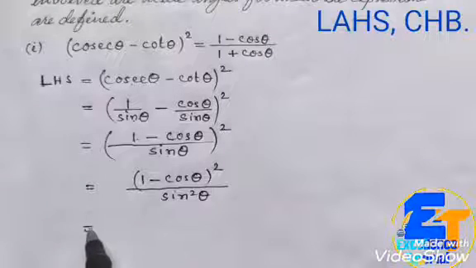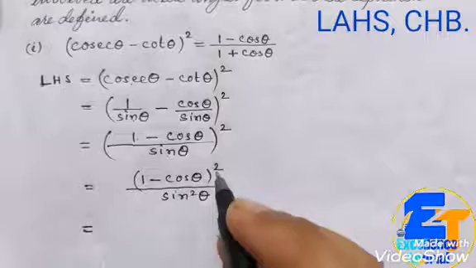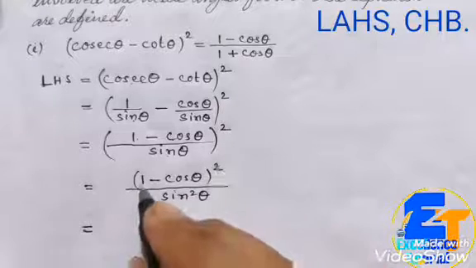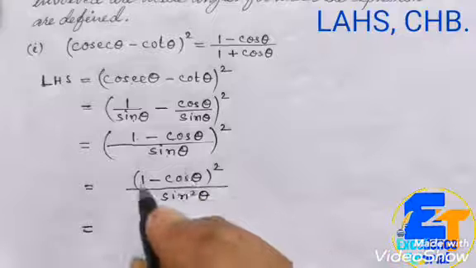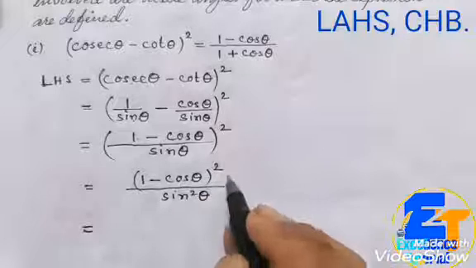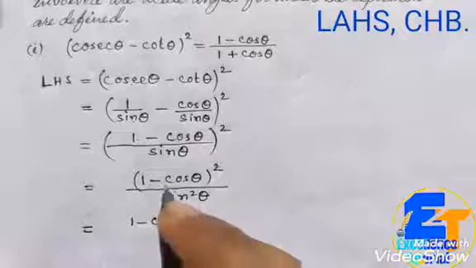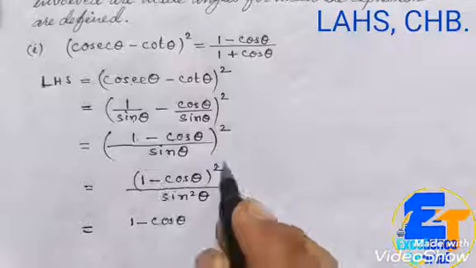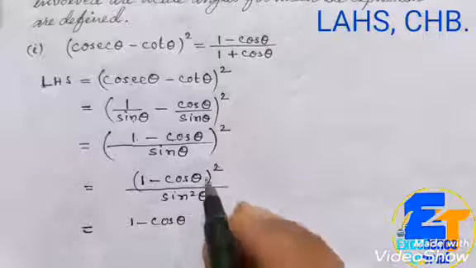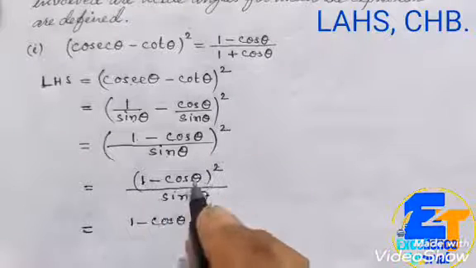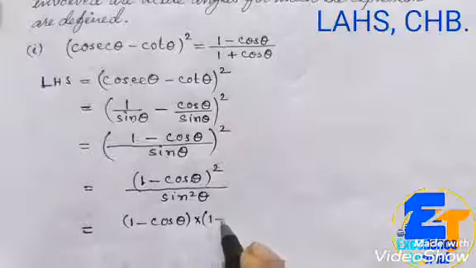Now see, in this step 1 minus cos theta whole square is there, so the same term can be expressed in product form, that is we are going to write 1 minus cos theta two times in this way, 1 minus cos theta. We are not going to apply the identity a minus b whole square. We are going to express this whole bracket term in product form, 1 minus cos theta into 1 minus cos theta.